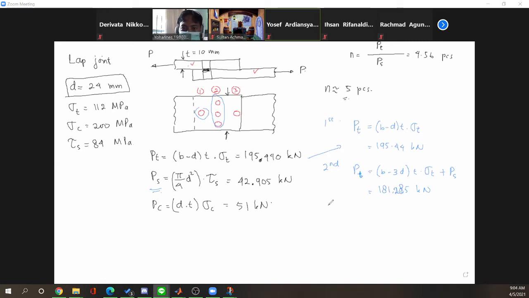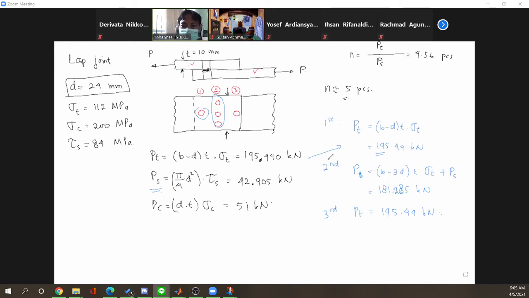Sorry. And for the third row, you can make a calculation, but because it is symmetrical, then it should be similar with this one. Okay, so for the third, yeah, it is similar. It is in symmetry because of the symmetrical arrangement, then it will have symmetrical strength also. So it should be kilonewton.